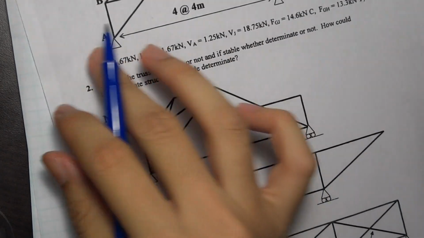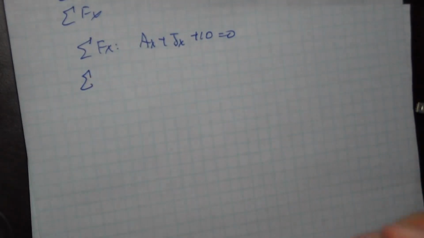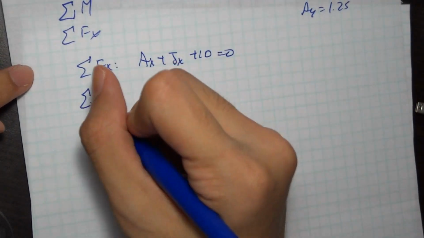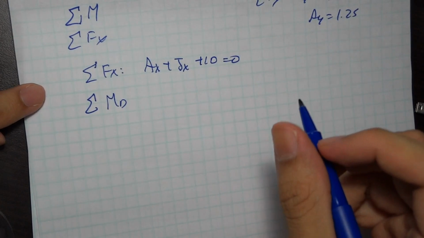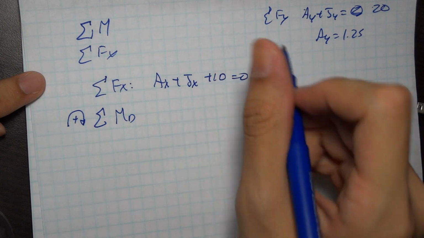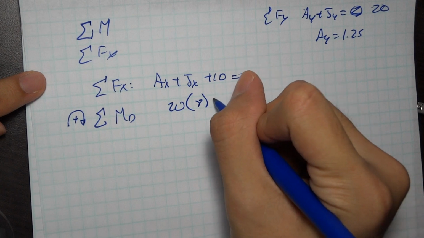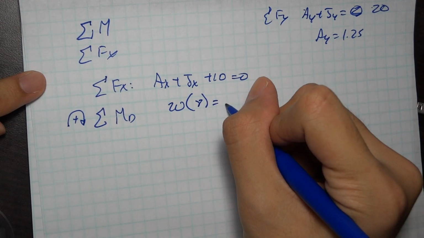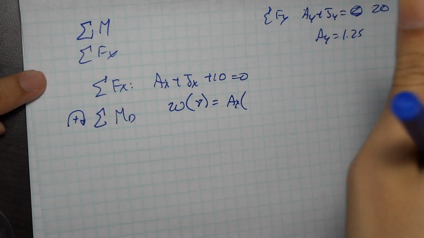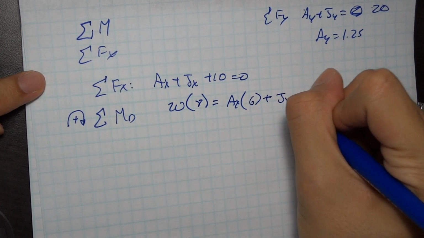Note that you can't take the moment about A or J, because then Ax will be 0, or rather you won't have your fulcrum. For our purposes, let's look at point D. You should notice very quickly, if we go this way positive, that 20 times 8 equals Ax times 6 plus Jx times 6.